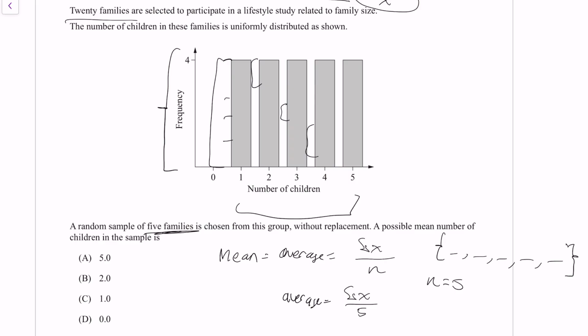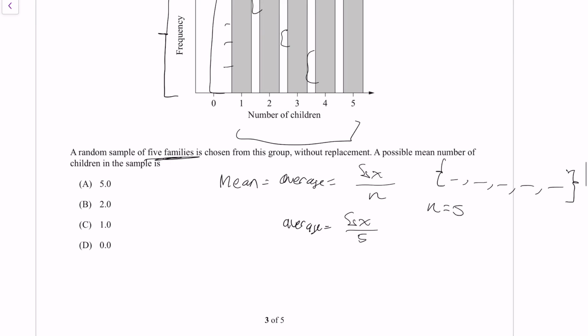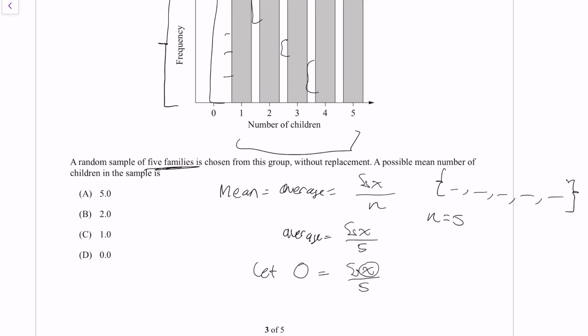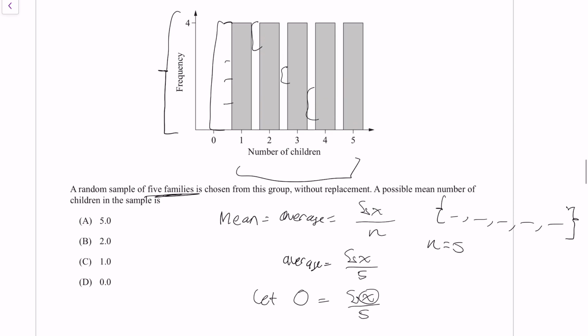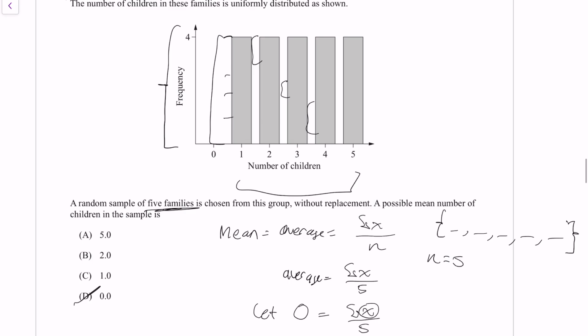Well, first of all, that's impossible, because if the average was 0, then that means the sum of the number of children, which is x here, would equal 0. But that's impossible, because every single one of these families has at least one child. Okay, so we can immediately cross that out.